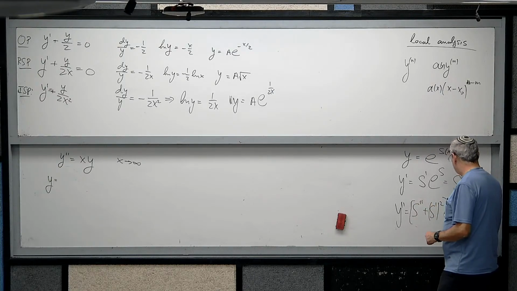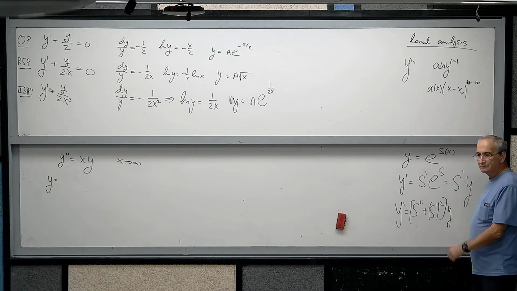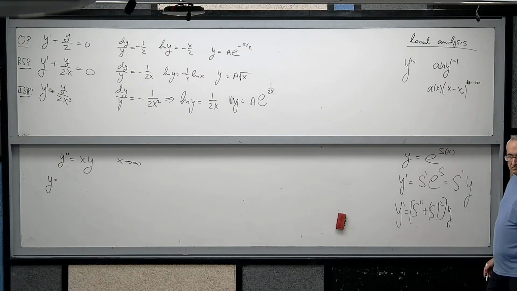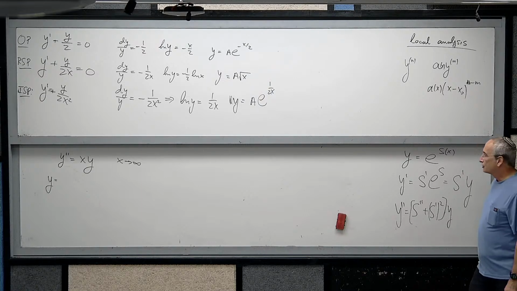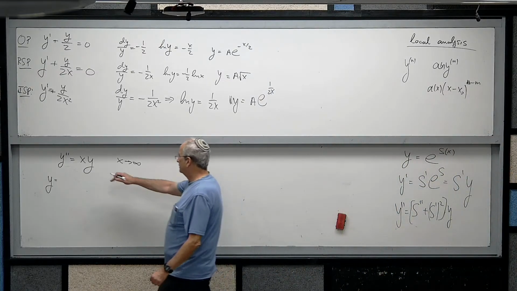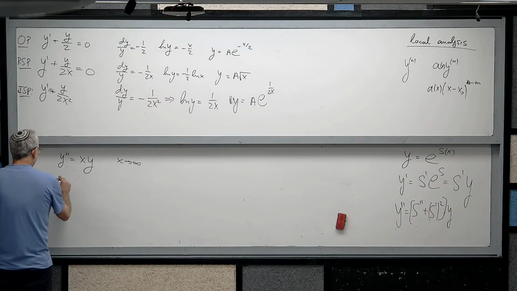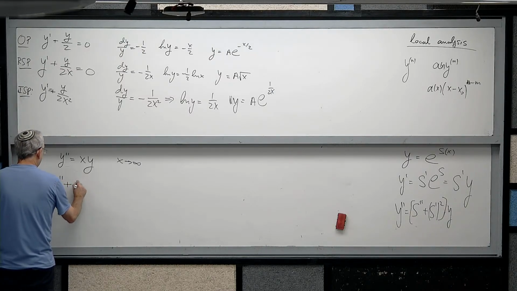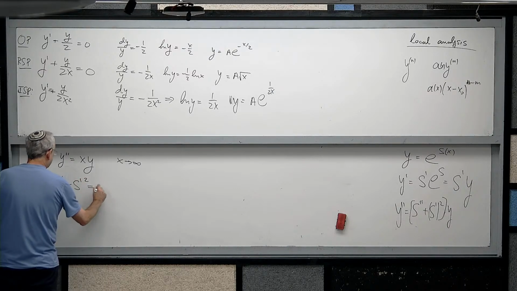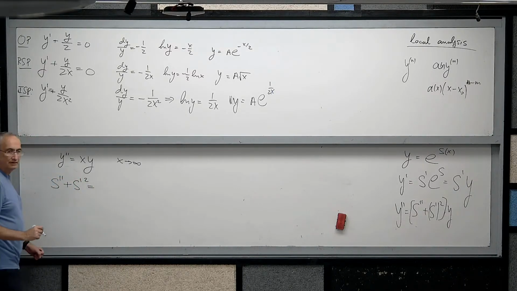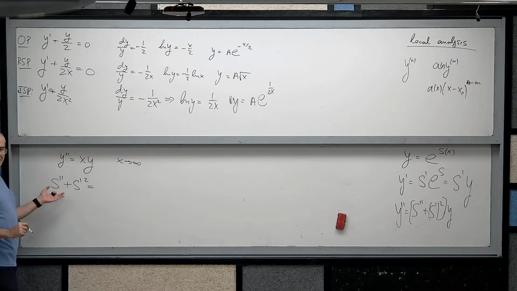Both of them times y, which is e to the s. So I can write this equation, instead of writing it for y, I will write it for s, and I will get s double prime plus s prime squared equals what? X, because y cancels out.